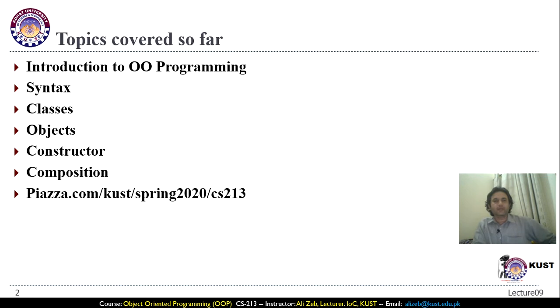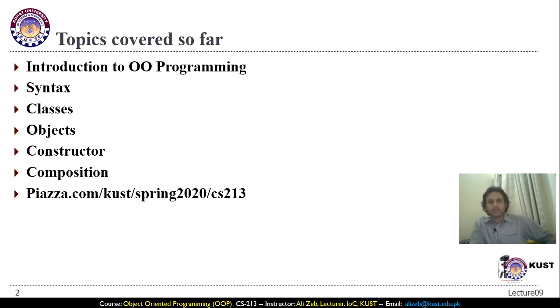The topics that we have covered so far include introductory topics to object-oriented programming, a bit of syntax of the language that we are using, and we understand that we are using Java for this course. We have studied classes, objects, constructors, and our last topic was composition.